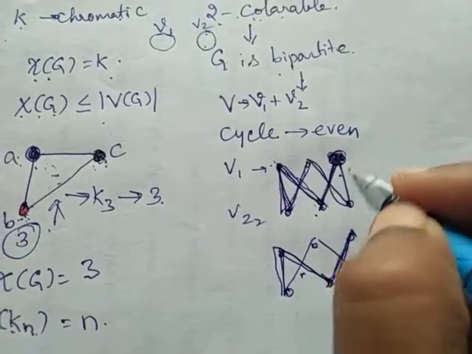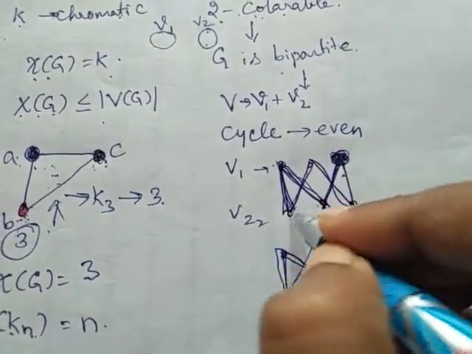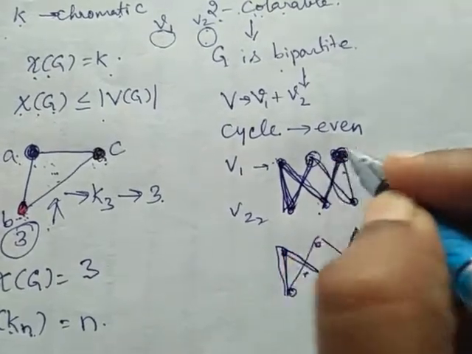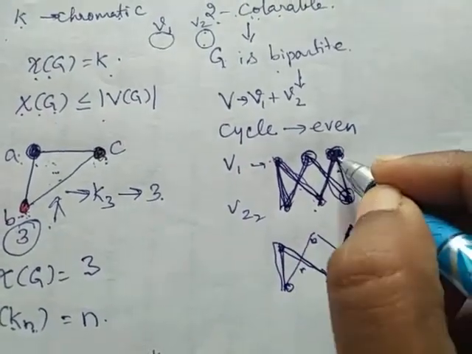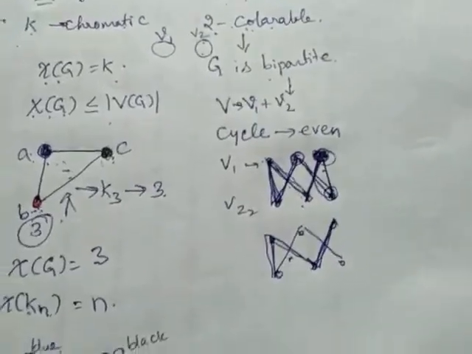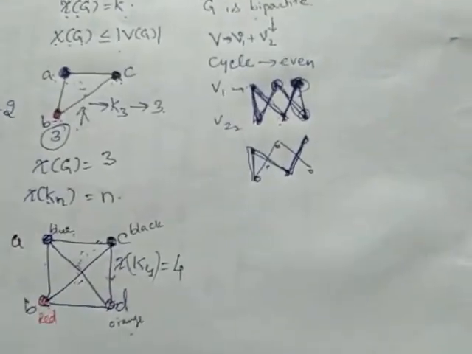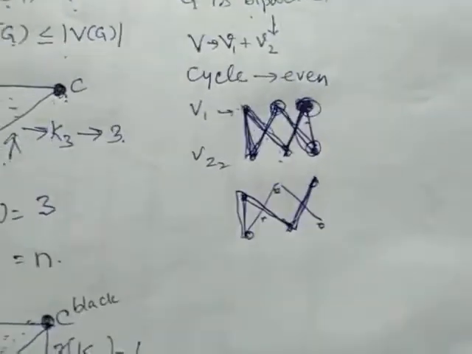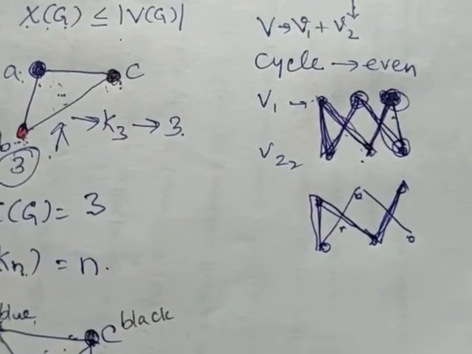Then only it will come back to the first set. Similarly, it is coming to the second set and going back to the first set, so again it is even. Therefore, every cycle we consider should have even length.